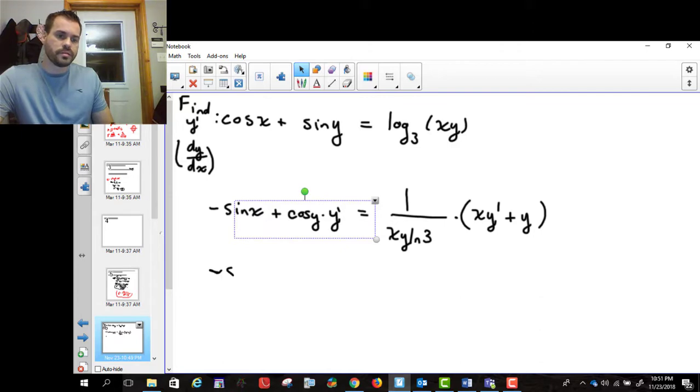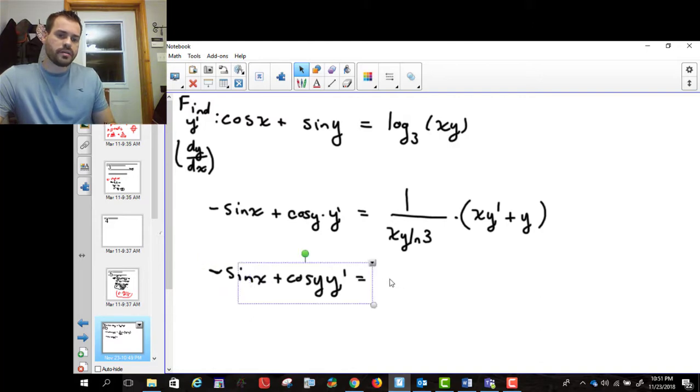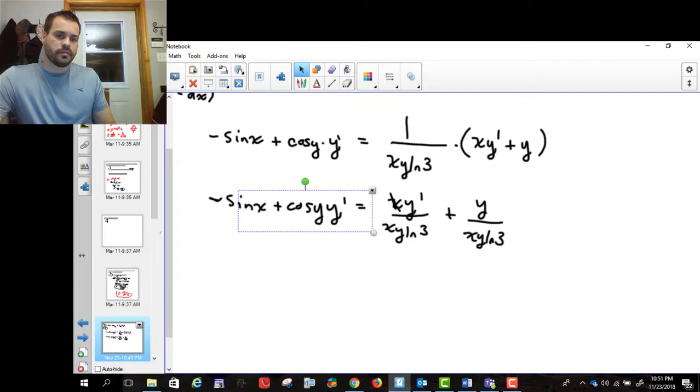So then what you'll notice is, because I have brackets there, I have to just expand this. So I'm going to get xy prime over xy ln 3, and then plus y over xy ln 3. Okay? And this simplifies. I'll take the x out, and this simplifies.